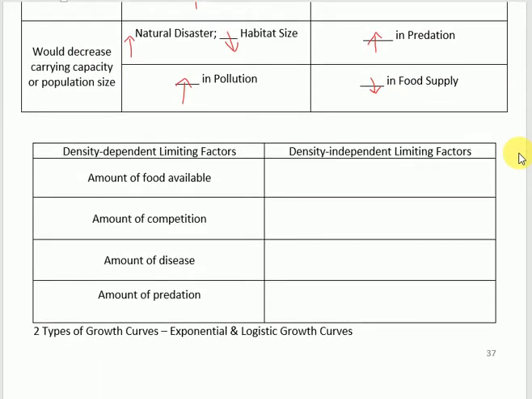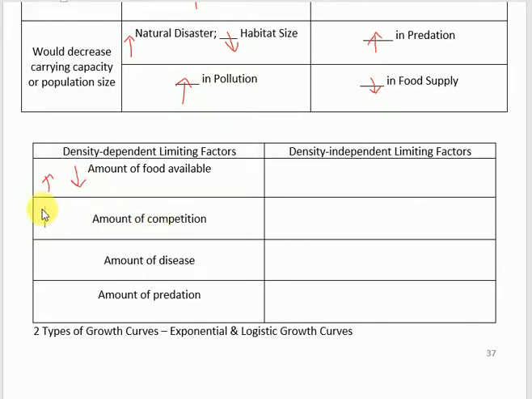So if we look at the density dependent versus density independent, over here, density dependent, all of these are based on the population size. So for instance, if we have an increase in population, we're going to have a decrease in the amount of food available.